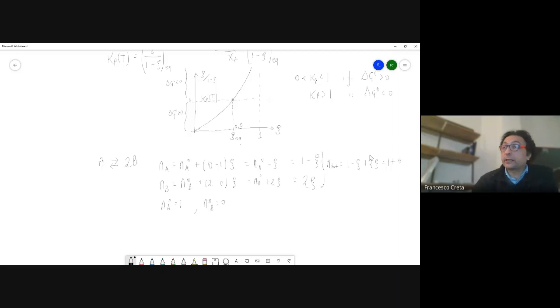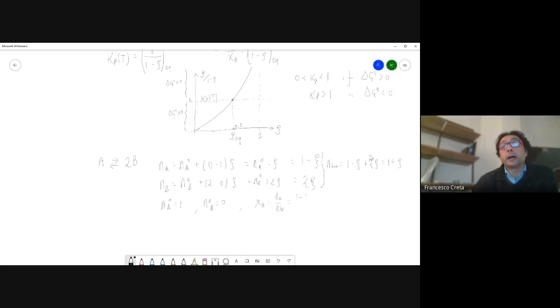So you can see here now that the total number of moles is not constant as you move from left to right, okay? Again, for this system, it is easy to see that the mole fraction of A is at all times equal to the number of moles of A divided by the total number of moles.